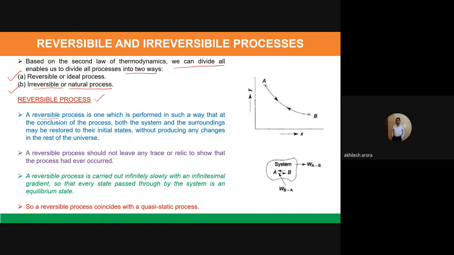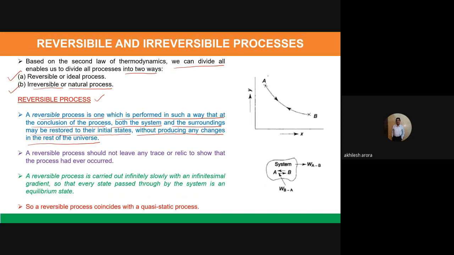A reversible process is one which is performed in such a way that at the conclusion of the process, both the system and the surroundings may be restored to their initial states without producing any changes in the rest of the universe. For example, now let us try to understand it from here.